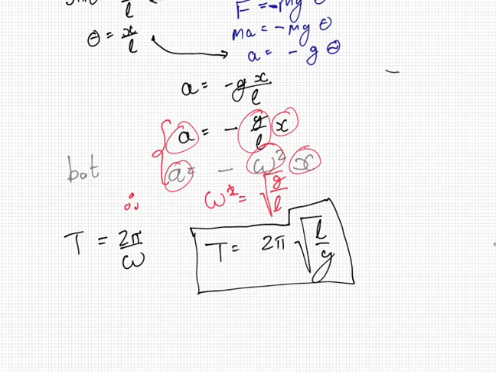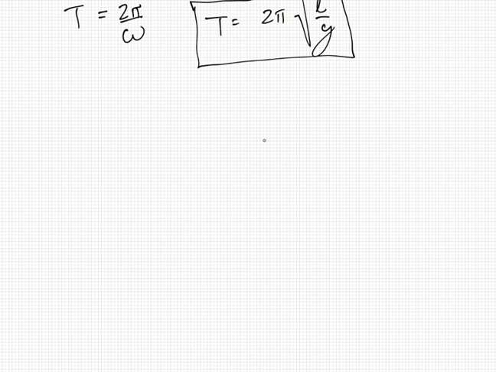Now, there are some things you can do with this proof to make it easier to use in the lab report. So, we should square this. We get T squared equals 4 pi squared L over g.